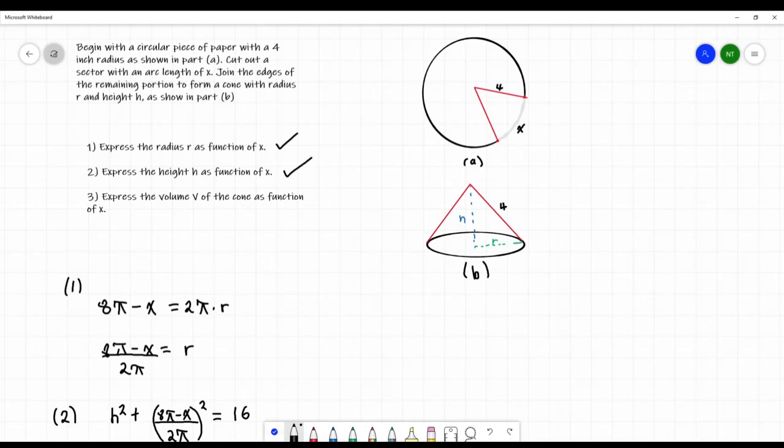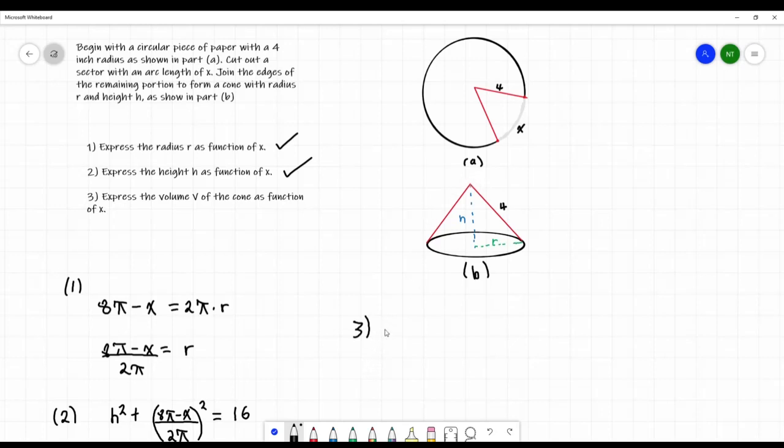That's solved too. So all that's left now is to express the volume V of the cone as a function of x. So how do we do that? Well, we have a formula that tells us how to find the volume of a cone.